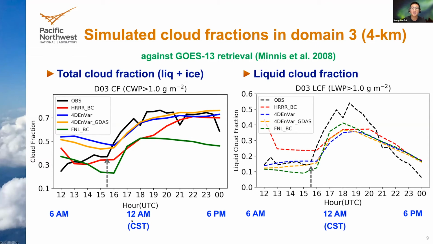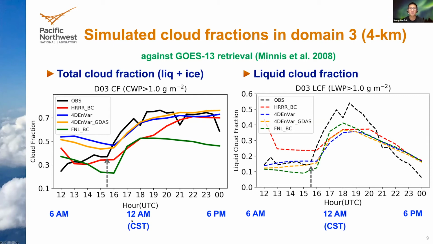It shows that the two 4D-EnVar experiments reproduce a comparable amount of cloud fraction with the observed quantity, whereas the FNL-BC and HRRR-BC actually have less cloud cover within this area.